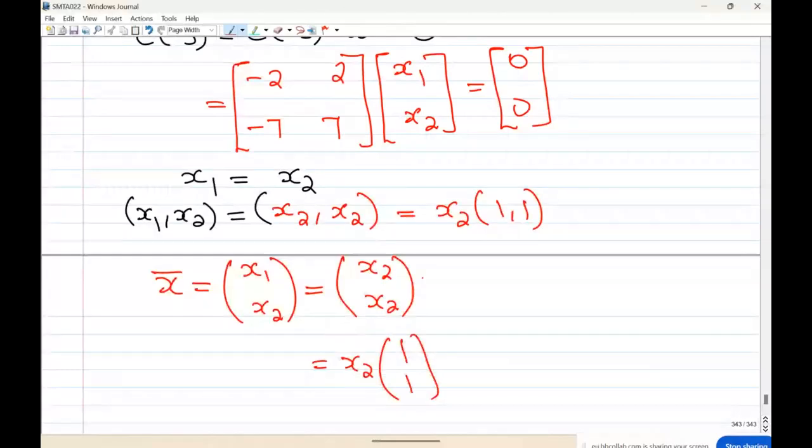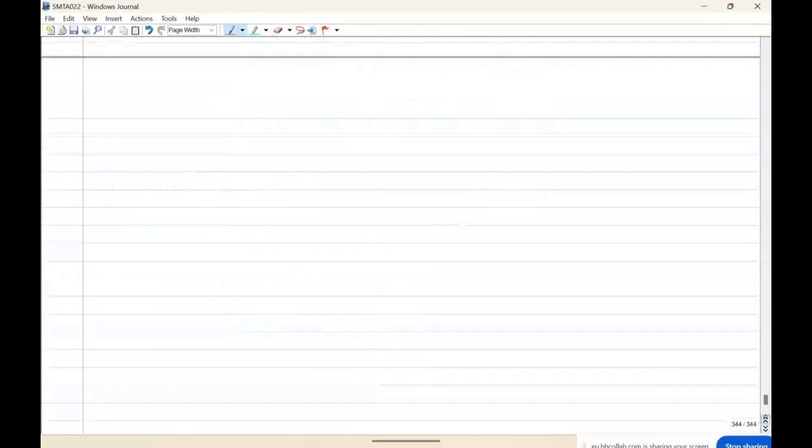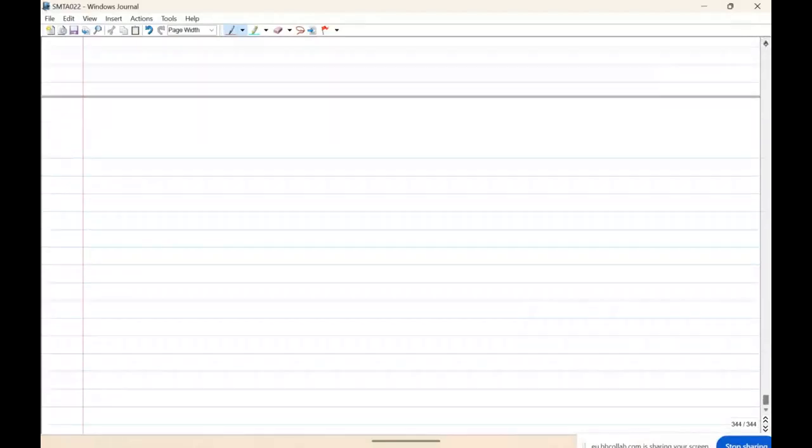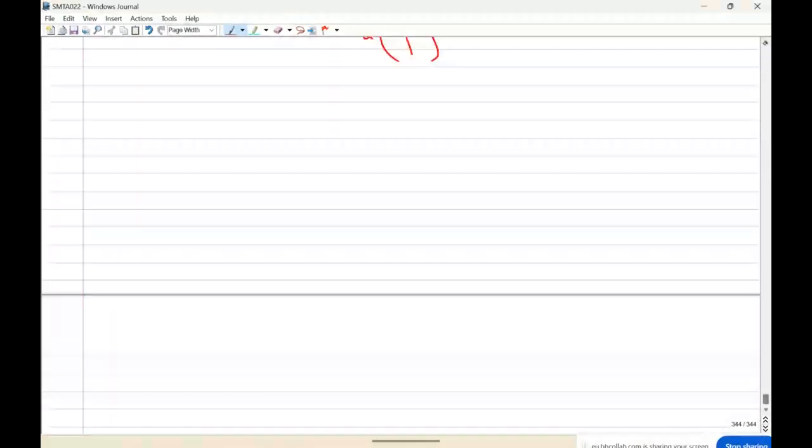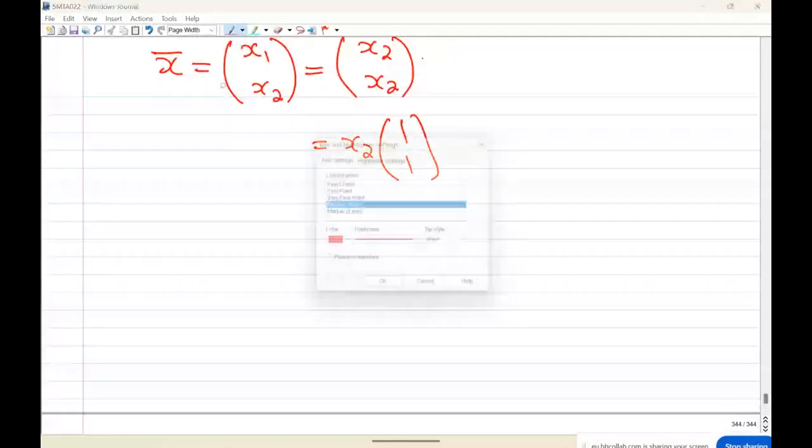Yes. So after this, we go for the eigenvalue number 2. But before we go there, we can conclude that this one is the one that is corresponding to lambda is equals to minus 3.